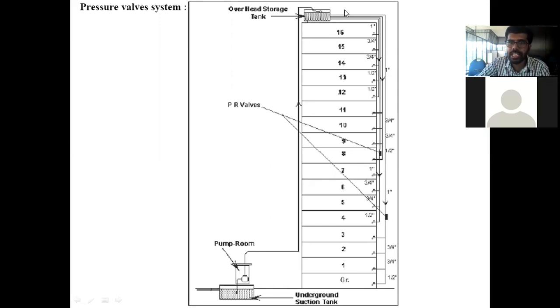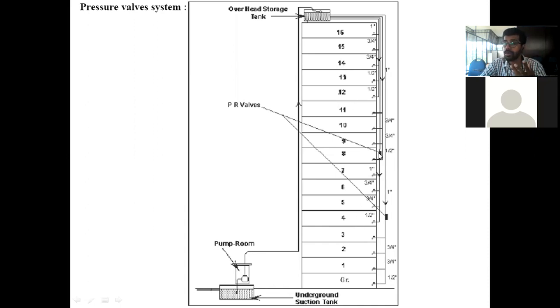Now just see the other connection. The second connection is taken and given to another 4 floors: first, second, third, fourth. And again a pressure reducing valve is given there. You can see here a pressure reducing valve is given. Because how many stories is it? It is only a 12-story building when it comes here.